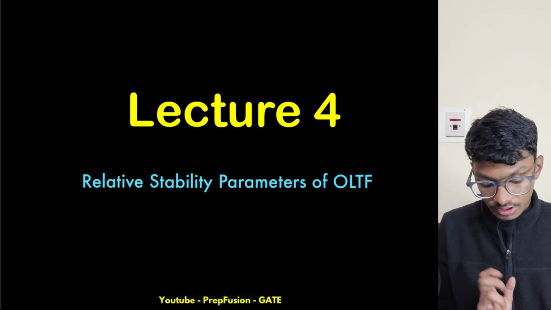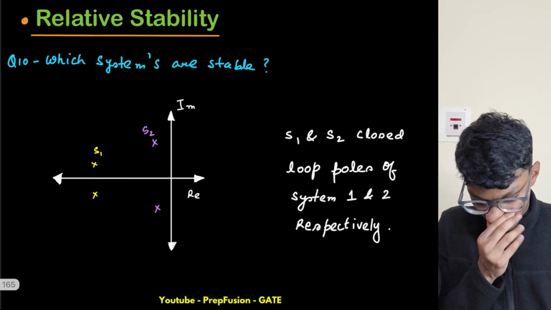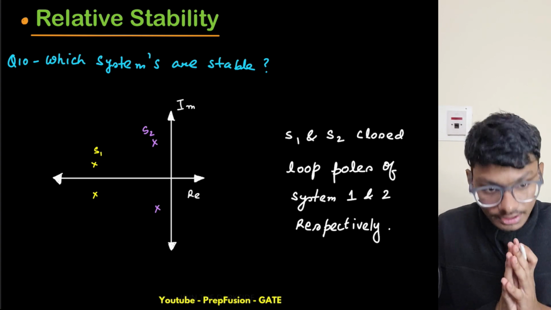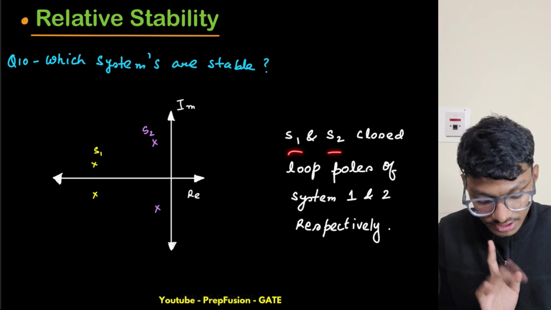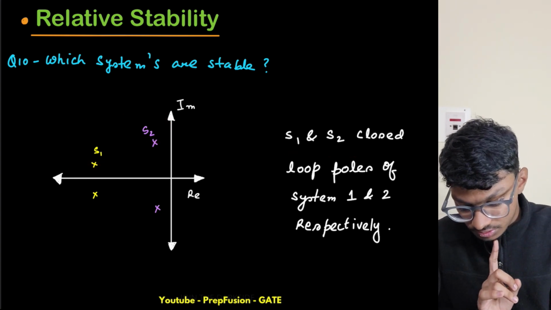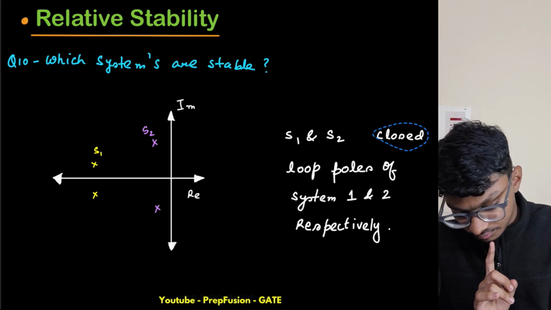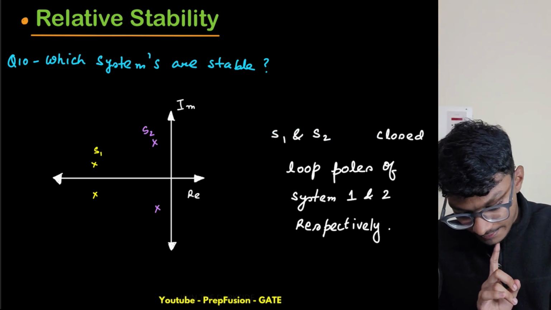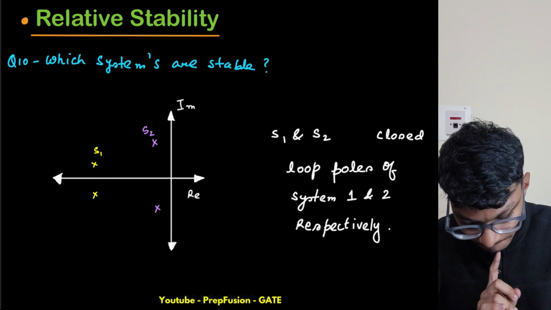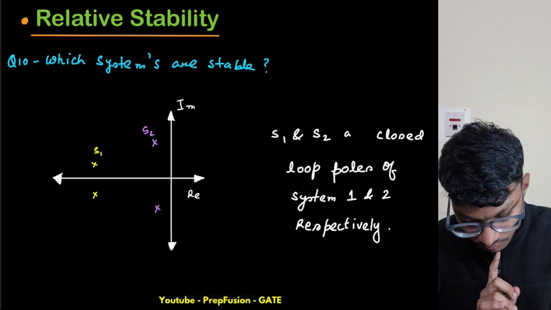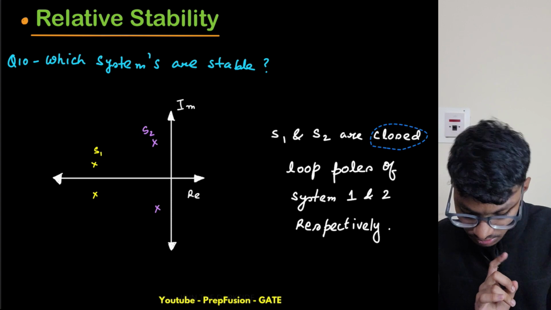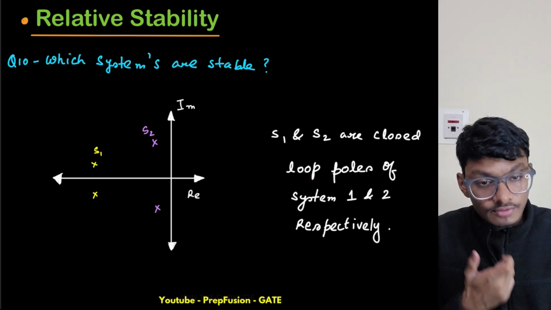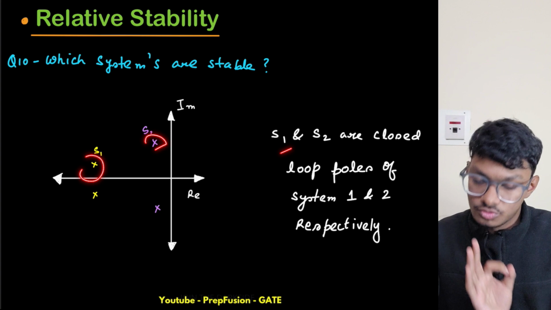So let's understand what we mean by relative stability. First tell me, I have two systems, S1 and S2, where S1 and S2 are the closed loop poles of system 1 and system 2.